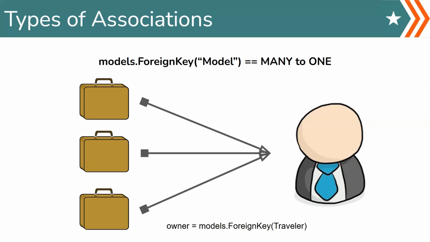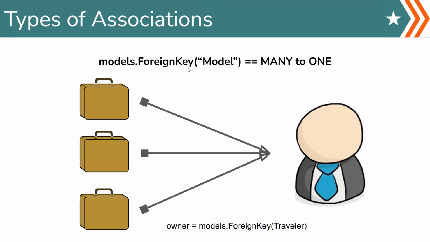The way we assign that in Django is with models.ForeignKey. This is the only one that uses the foreign key. Don't think that the one-to-one will use a foreign key. I know in PostgreSQL it was kind of like every single one of them used a foreign key, but in Django it's just the many-to-one.